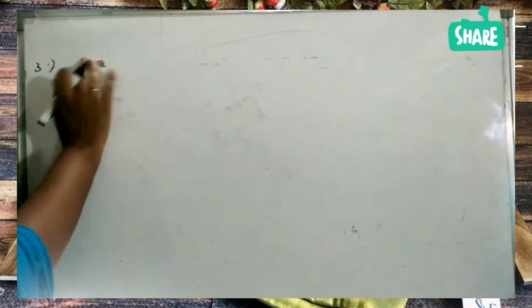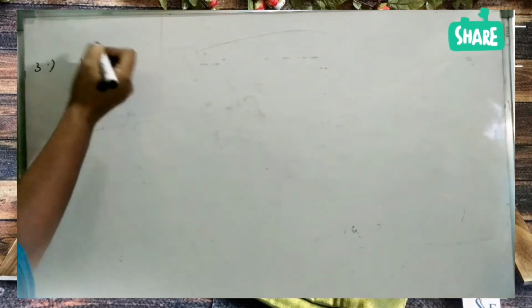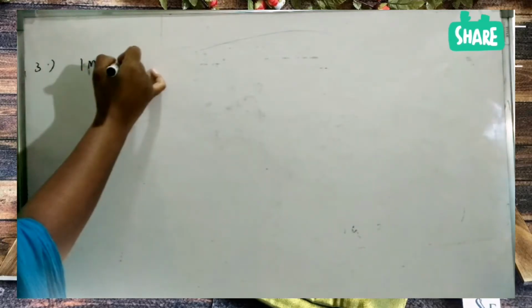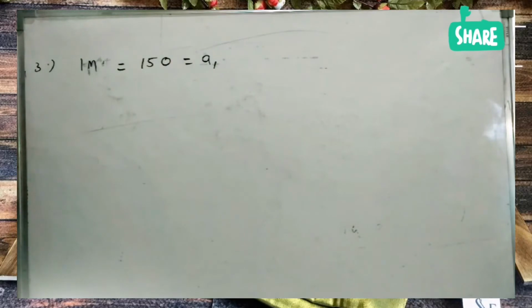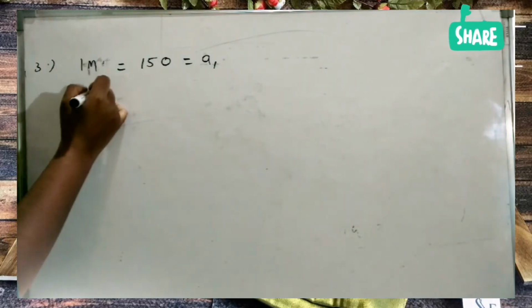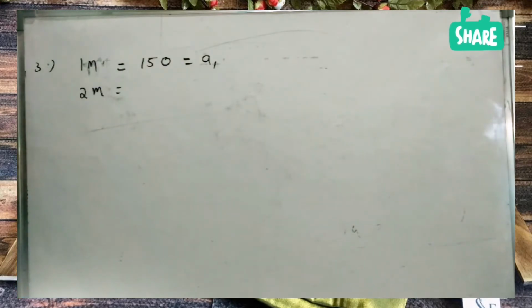Let it be A1. And for 2 meters, it is given that we need to pay rupees 50 for each subsequent meter.